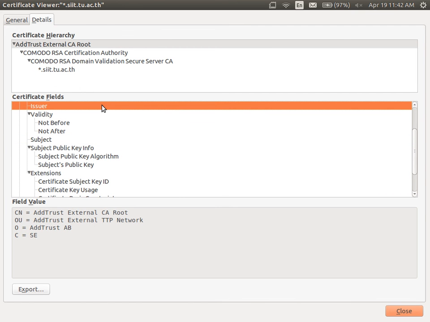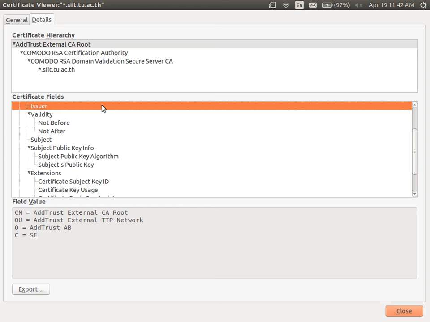What type of certificate is this one? If the subject and issuer are the same, then we call this what type of certificate? Self-signed certificate. The subject is the same person or the same organisation as the one that issued the certificate. They signed it themselves.